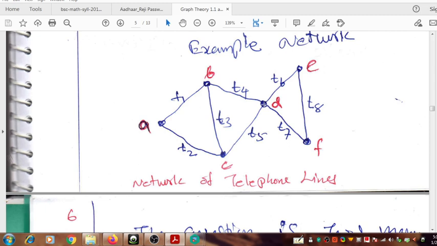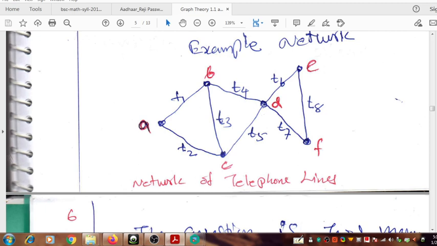That is because every edge has 2 end vertices. So by removal of the vertex D, we are removing one of the end vertices of the edges T6, T4, T5 and T7. As a result, those edges will also have no meaning.